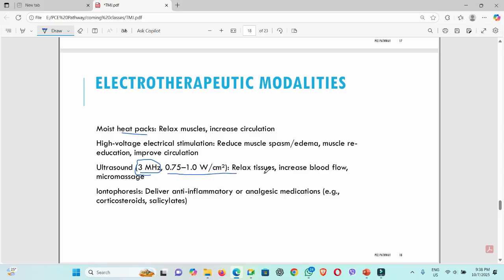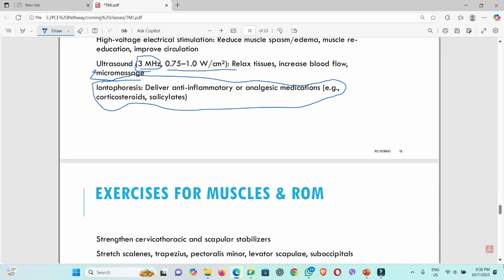It relaxes tissues, increases blood flow, and has a micro massage effect. Iontophoresis. I think they removed it. As far as I remember, they are saying it is not that effective, but it is in the Dutton. That's why I included corticosteroid, salicylates.